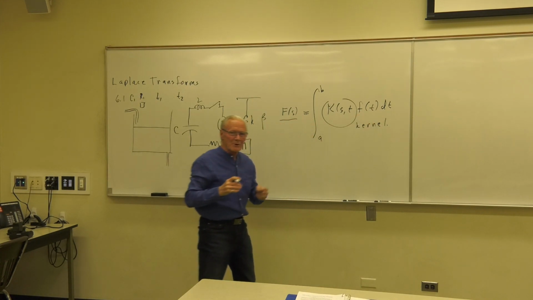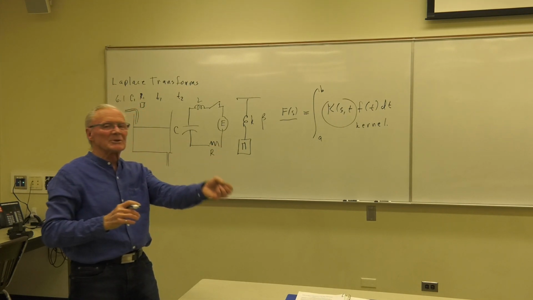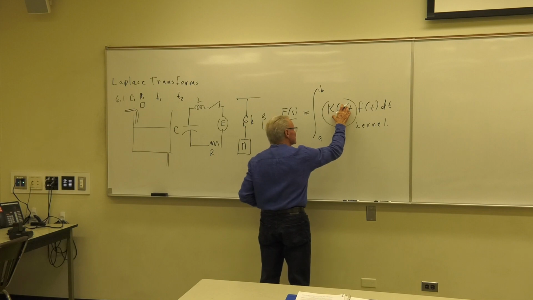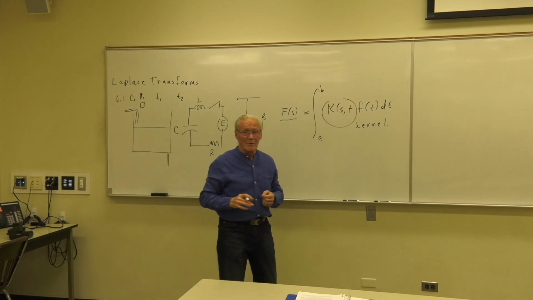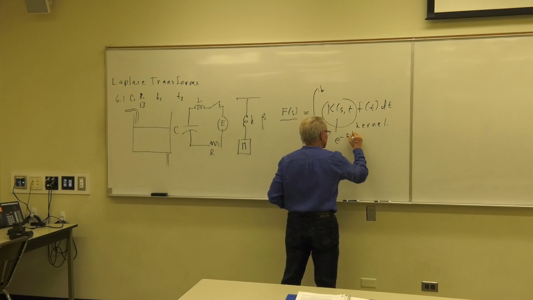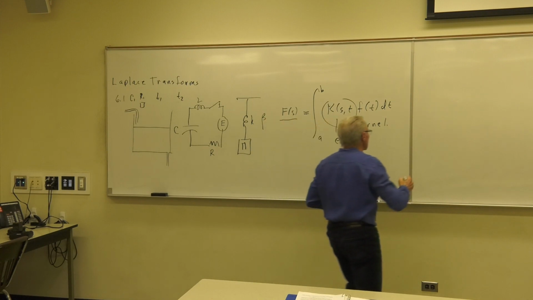So the transform takes functions of t and turns them into functions of s. What transform you're talking about depends upon what this k is. For Laplace, the kernel is e to the minus st.